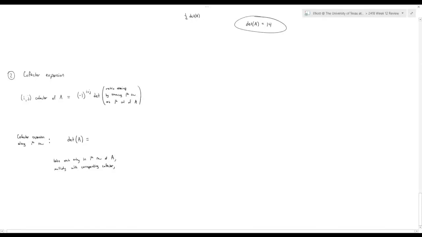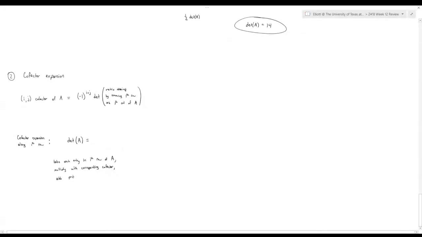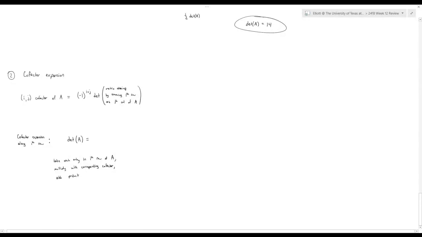And then if you add all of those products up, that will result in the determinant of A.